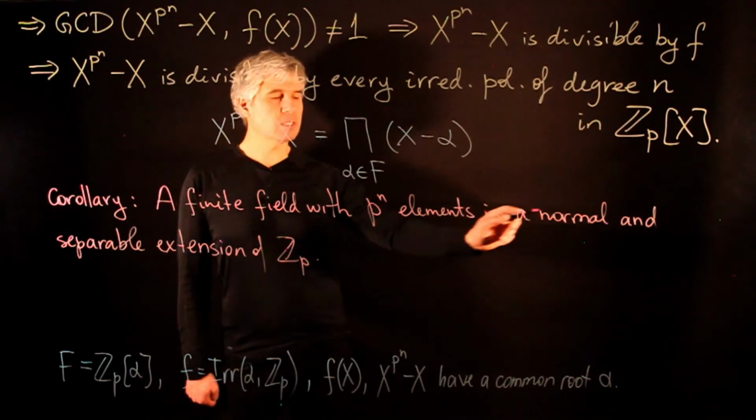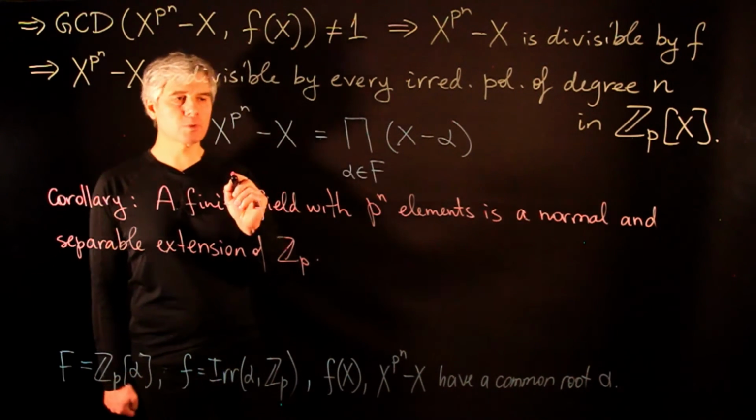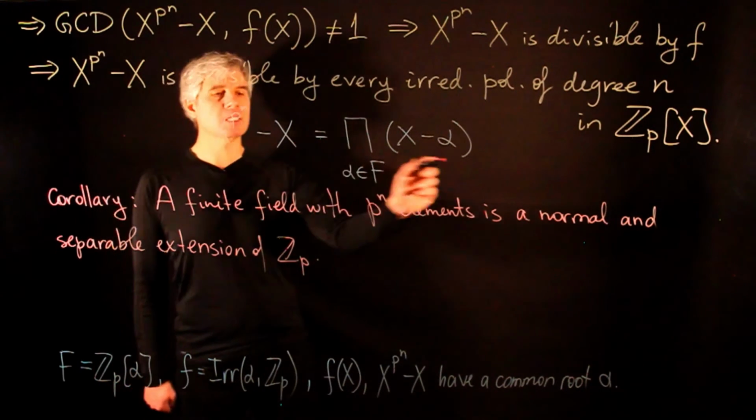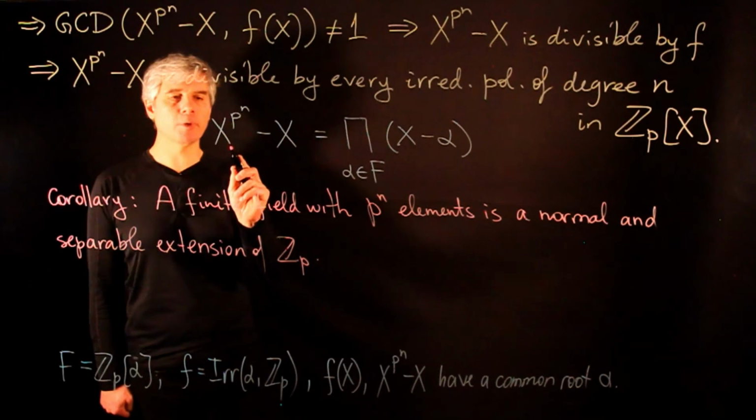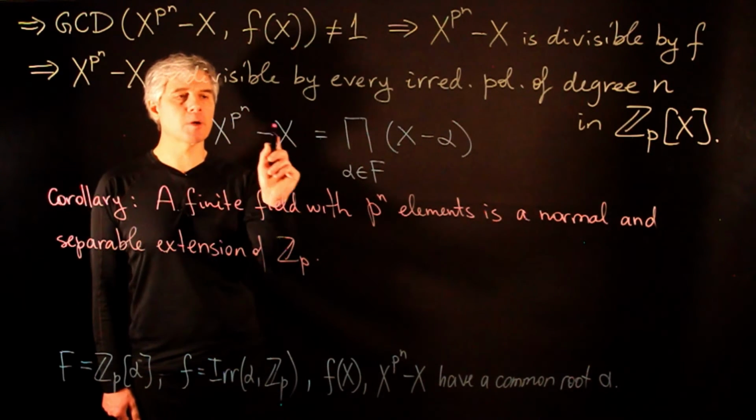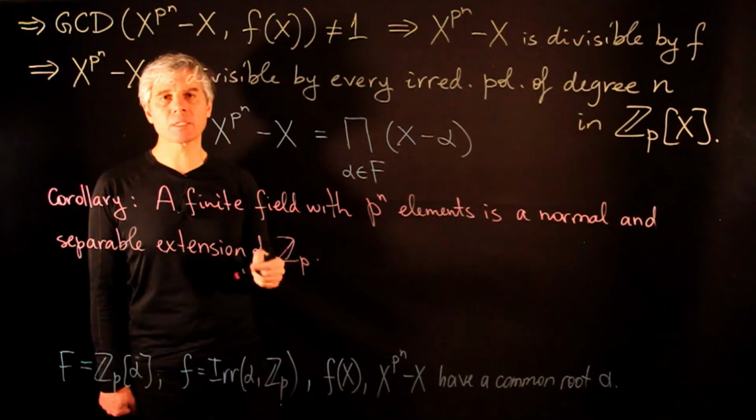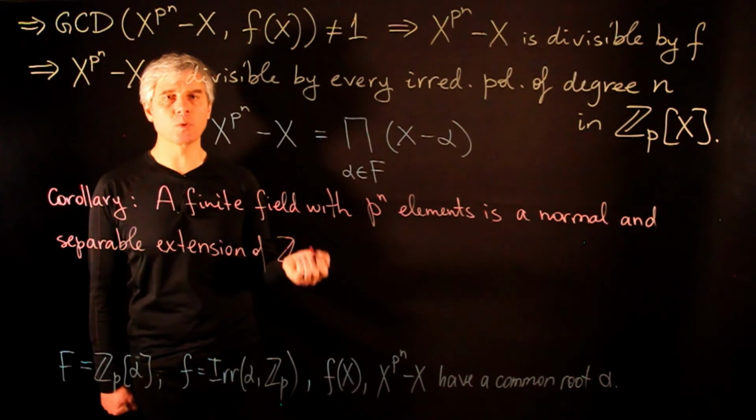The claim that this extension is normal follows from the fact that this is a splitting field extension. So it's a splitting field of the polynomial x to the power p to the power n minus x, and every splitting field extension is normal.